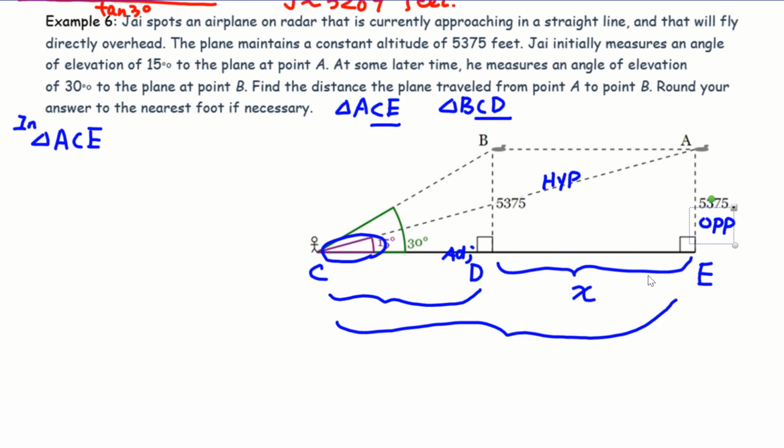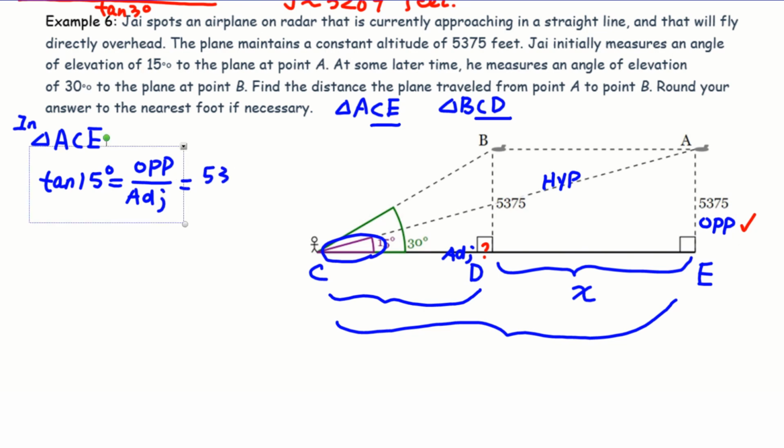So again, we have opposite given, we want to find adjacent, it will be TOA. So tan 15 degrees equals opposite over adjacent, which is 5375 divided by, we could call it x. So cross multiply, as the denominator is a variable, we need to get rid of the denominator.